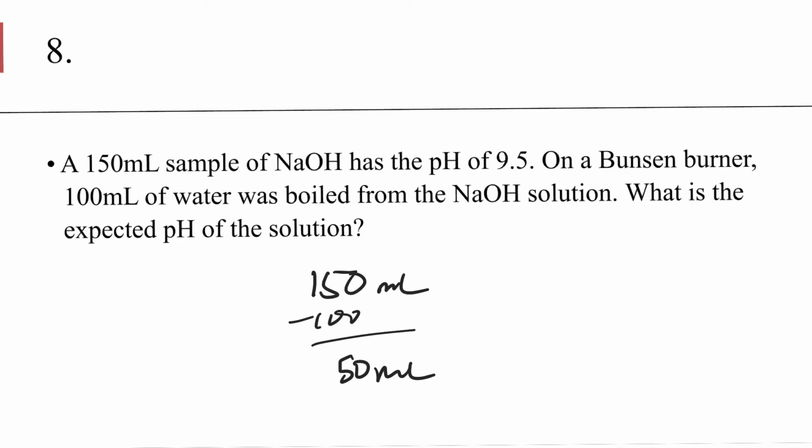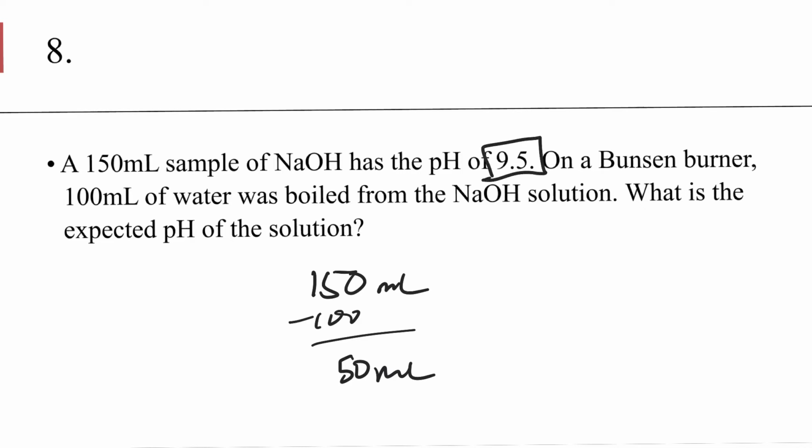And so in this case, when you're looking at it, I think you could kind of ballpark where it should be. All right, so you got a more concentrated solution, right? And so you start off with a 9.5.